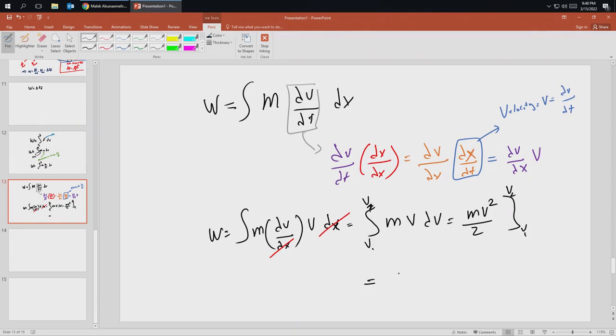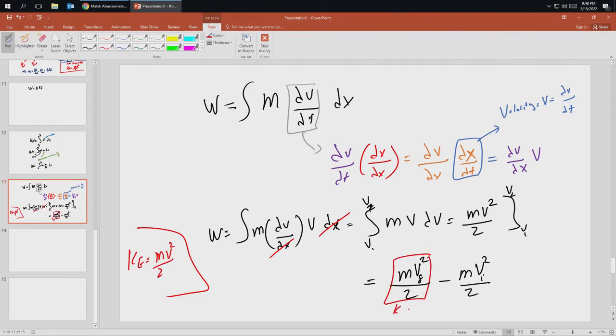Which is going to equal m times the final value squared divided by 2 minus m times the initial value squared divided by 2. And again, this looks like the kinetic energy equation, your mass times velocity squared divided by 2. So here is your kinetic energy final, and this is our kinetic energy initial.